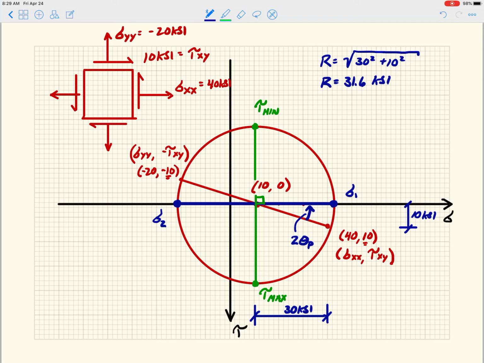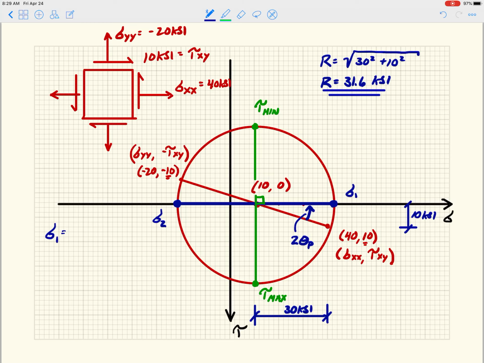And so that is 31.6 ksi. So that is my radius.